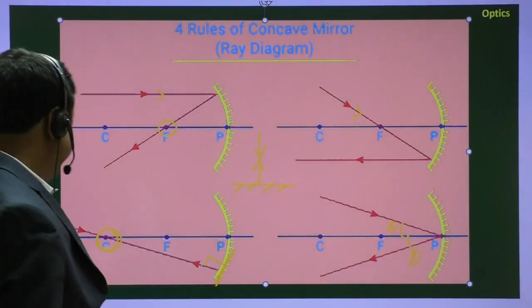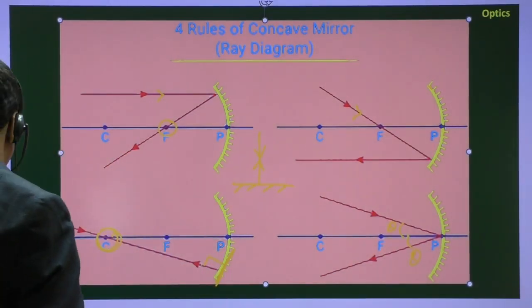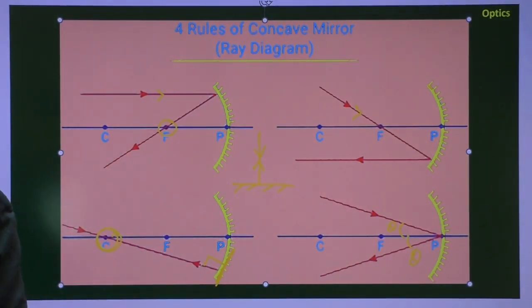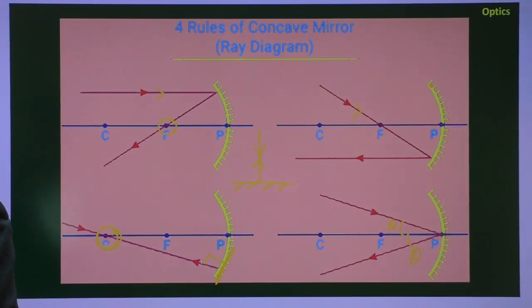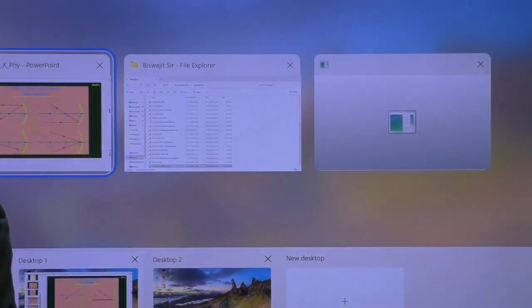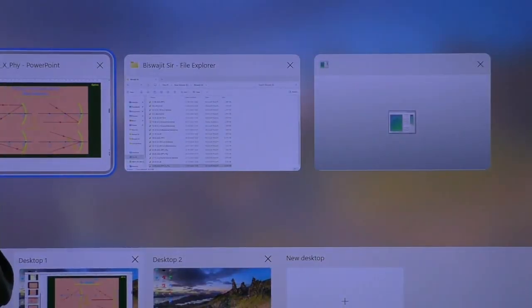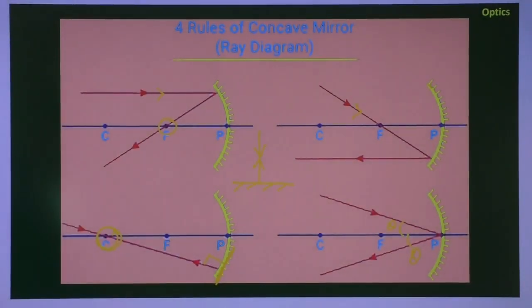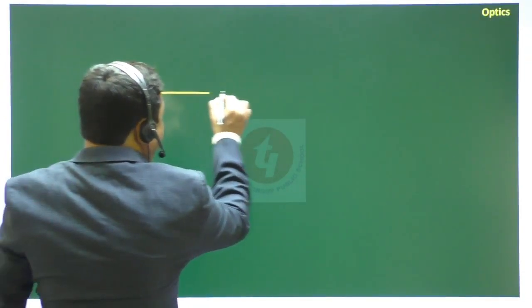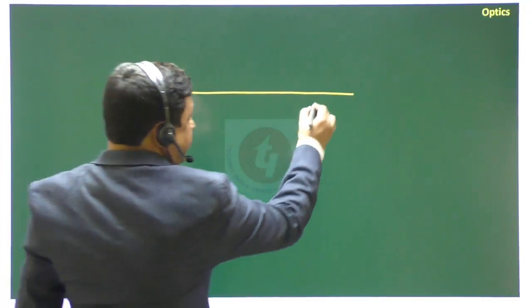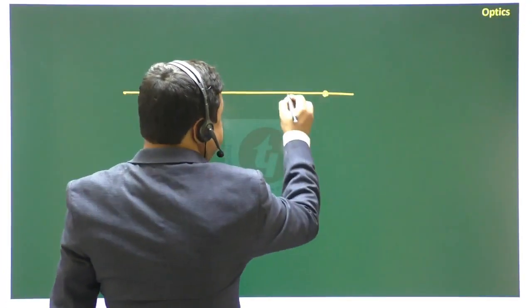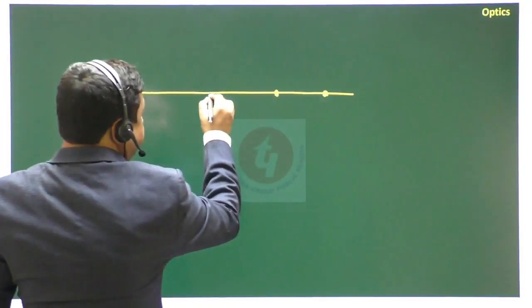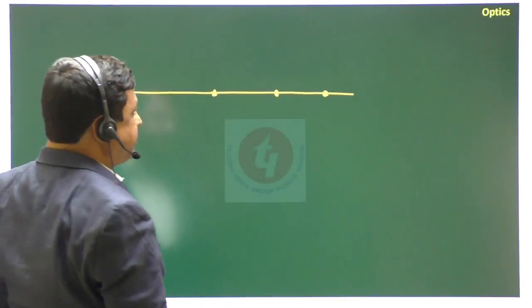In case of a ray diagram, first you have to draw a straight line, then you have to take 3 equidistant points. Okay, 3 equidistant points.